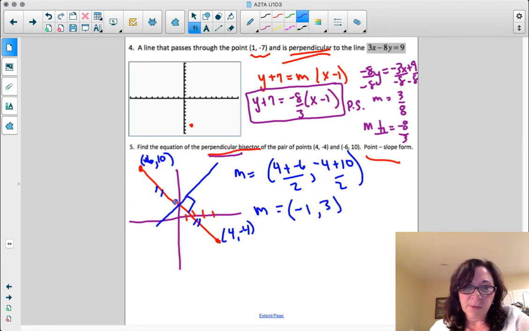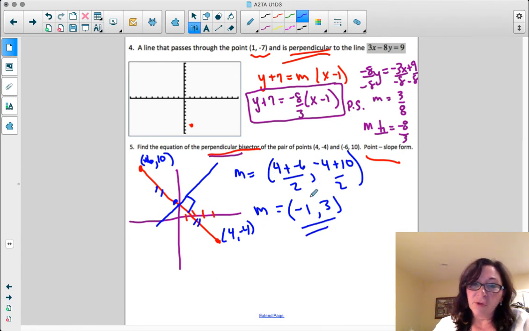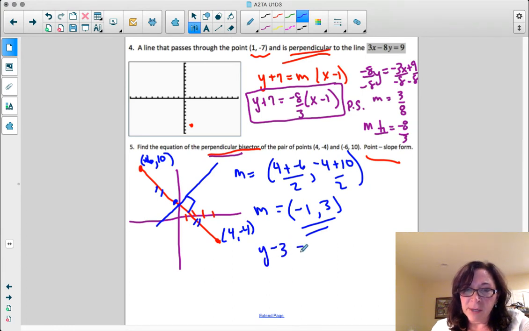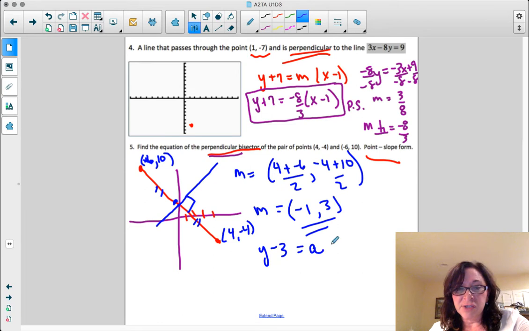So that's more like over here. So what's going to happen now is I'm going to use that point to find point-slope form of this line. So we say y minus 3 equals the slope, which we don't have, and this m stands for the midpoint. I'm going to use a different letter. Let's use a.